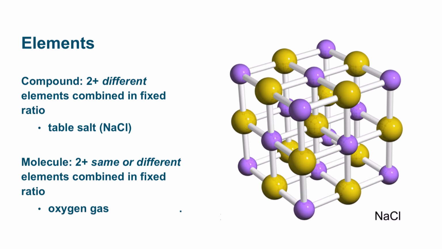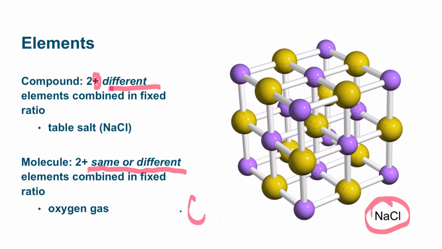Now, there are several different ways of putting atoms together to make something bigger than just one atom. A compound, for instance, is two or more different elements combined in a fixed ratio. So table salt is an example, and you can see this here, sodium and chlorine together. A molecule is two or more of the same or different elements combined in a fixed ratio.